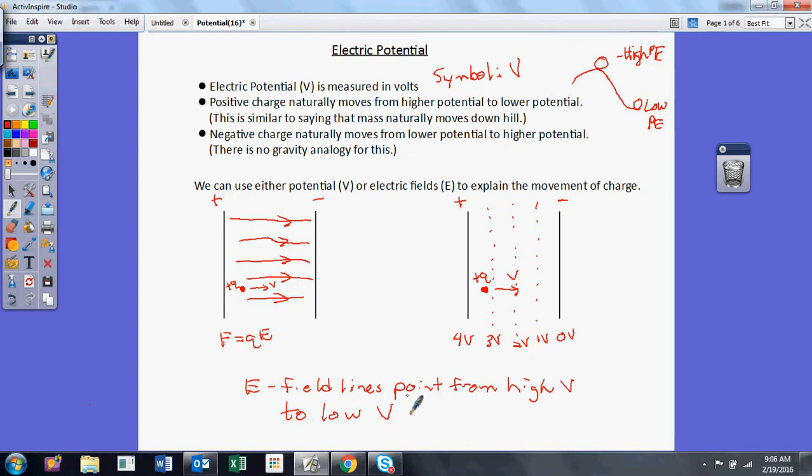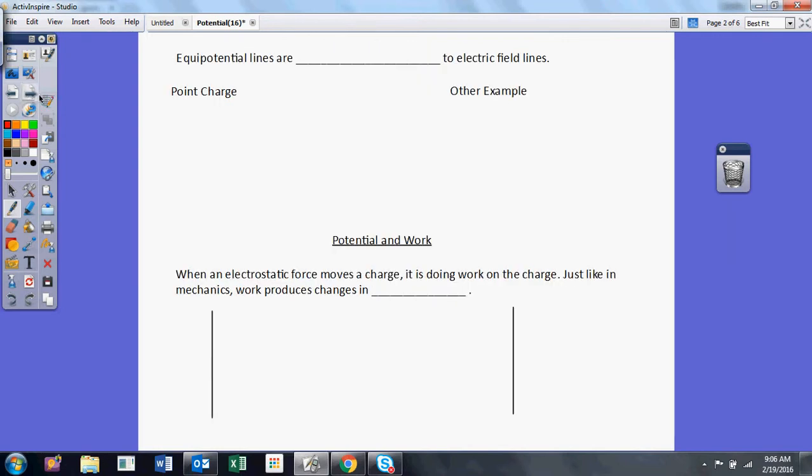So if you're given potential lines and they ask you to draw an electric field, you could draw them in there, and they would point from high to low. You can also see that these electric field lines would be perpendicular to the equipotential lines. So equipotential lines are perpendicular to electric field lines.